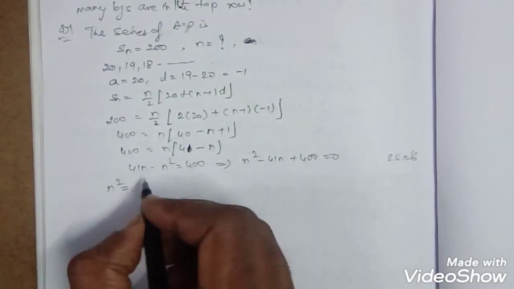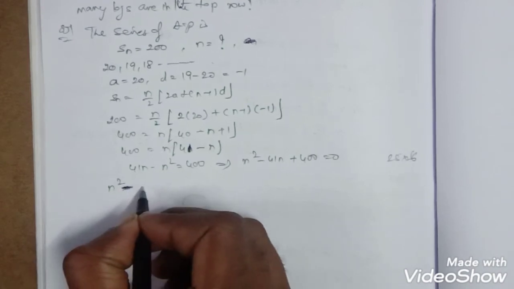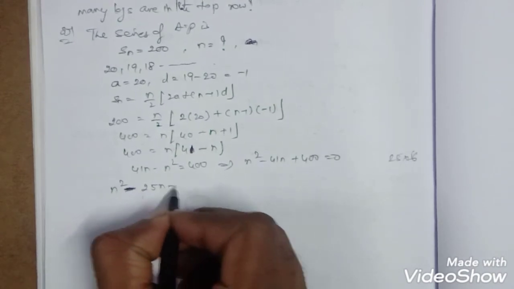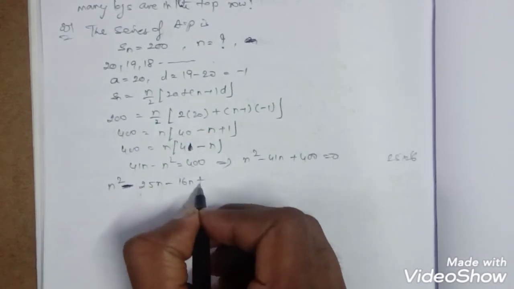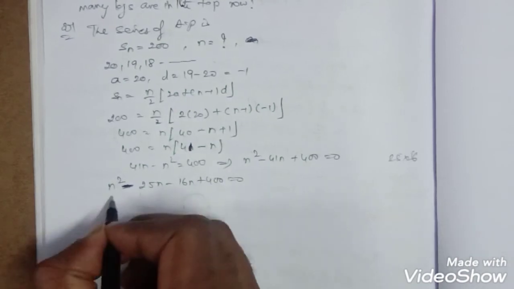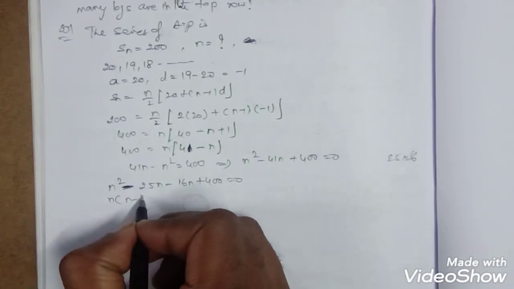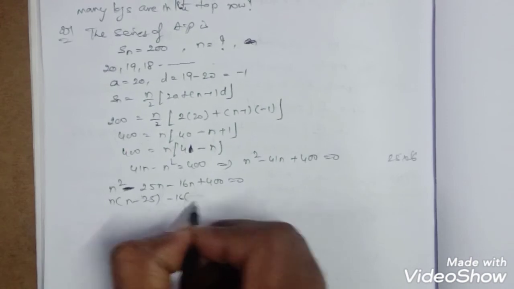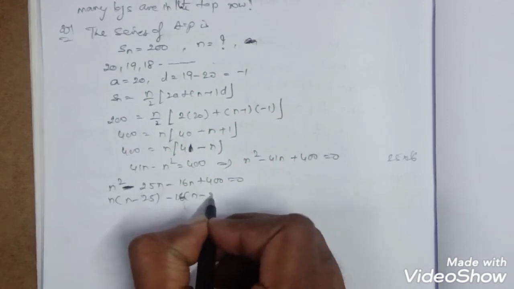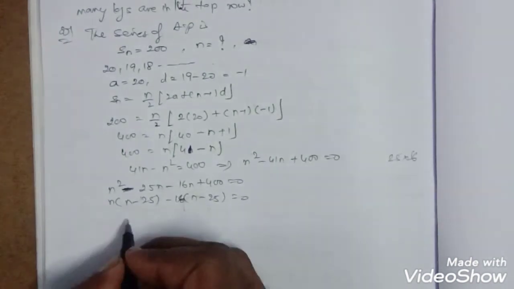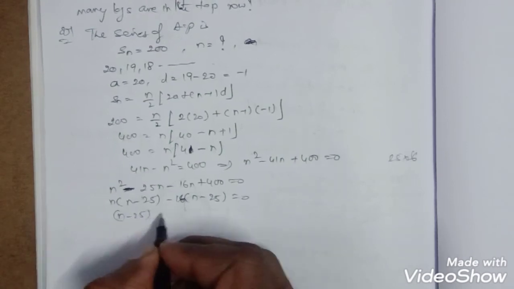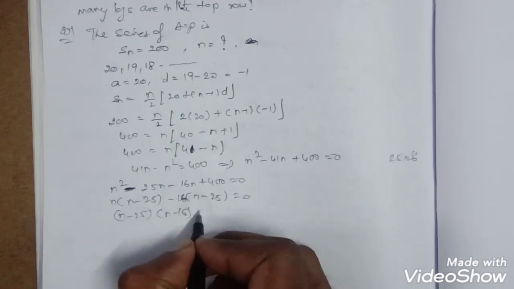So we can write this as n square minus 25n minus 16n plus 400 is equal to 0. Now n into n minus 25, here 16 you take common, you will get n minus 25 is equal to 0. So n minus 25 into n minus 16 is equal to 0.